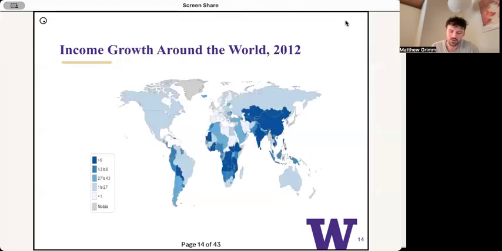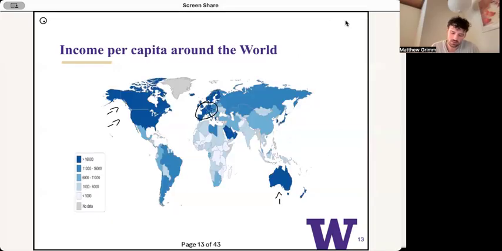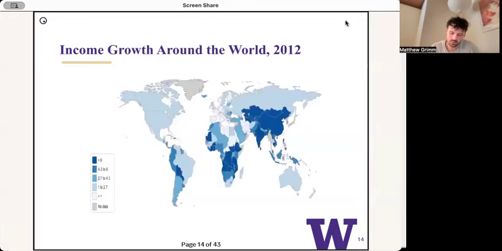Along with this graph, let's go through this a little slowly. You see Africa, even China, had pretty low income per capita. However, when we look at economic growth, we see that the nations with low income per capita experienced high economic growth.